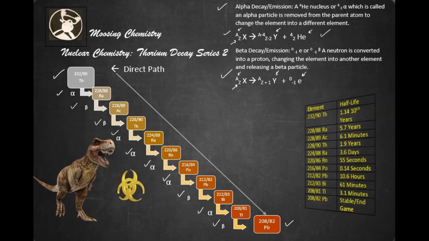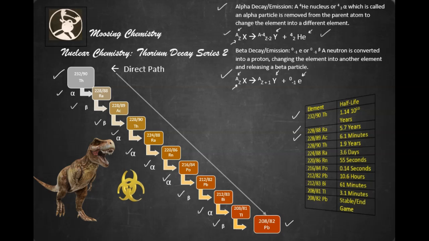Now, let's look at our half-life table real quickly. Thorium-232 has 1.14 times 10 to the 10th years, so that's a very long time. Radium-228 has 5.7 years for its half-life. Actinium-228 has a half-life of 6.1 minutes.